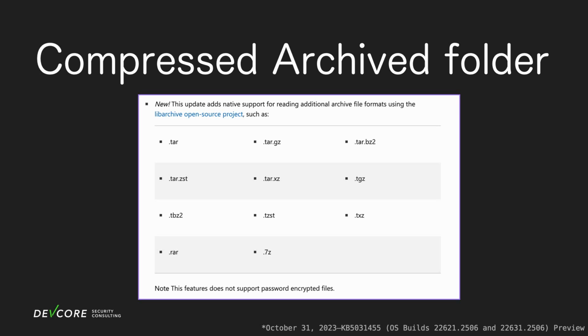Then, after the update in October 2023, Windows 11 can browse and decompress 11 more file formats natively. Will this feature create a new MOTW bypass weakness, or will it introduce a new attack surface? The component responsible for compressed files is zipfolder.dll.